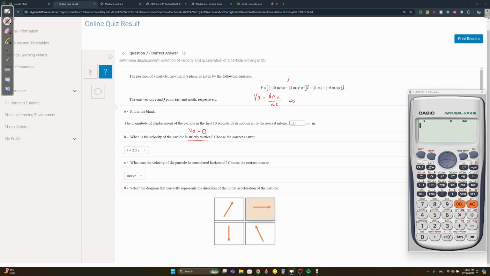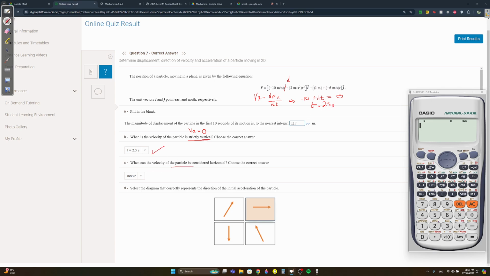So we have to derive this here. 1 times minus 10 is minus 10, and then reduce the exponent by 1, you're done. t squared, 2 times 2 is 4. Reduce it, becomes 4t, right? We know this is going to be equal to 0 when it's vertical, right? There's no x, so it's equal to 0. So you're going to get t equals 2.5 seconds.